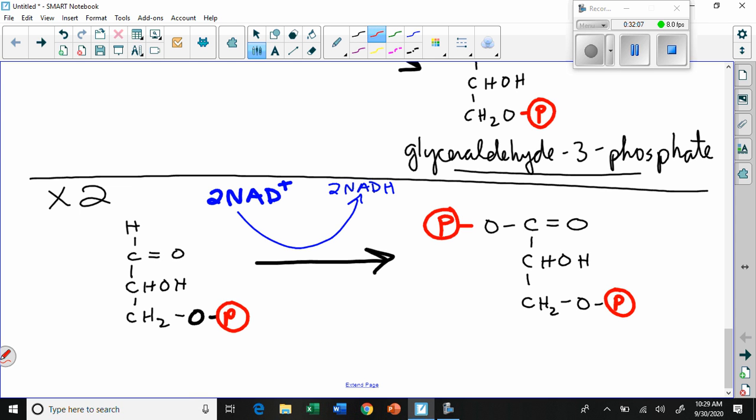So what we have to do now is write under here, two Pi's go into the process. They would be floating in the cytoplasm, right? Or being made available. And it's the energy of this NAD that sticks these floating phosphate groups onto here. So they don't come directly from an ATP.